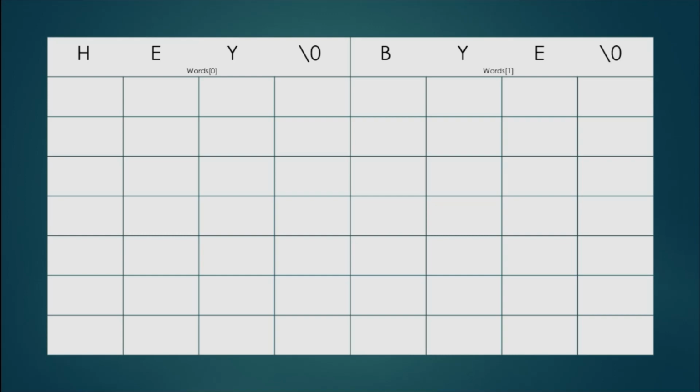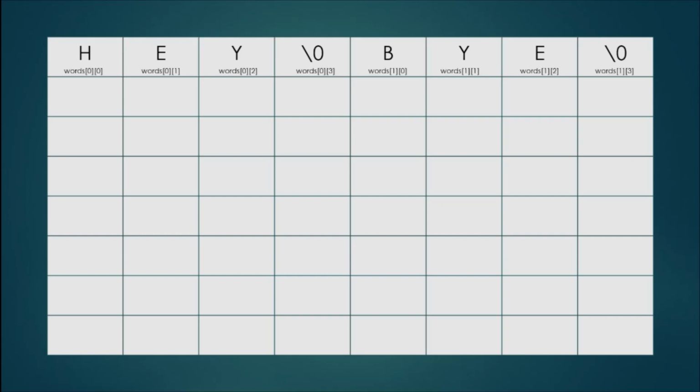We can also go a bit deeper, and we can get at each individual character in each word using these double square brackets. words[0] is this first string, and the first character in the first string is at [0]. The second character is at [1], and so on. And our second string starts at words[1], the first character being at [0], the second being at [1], and so on.